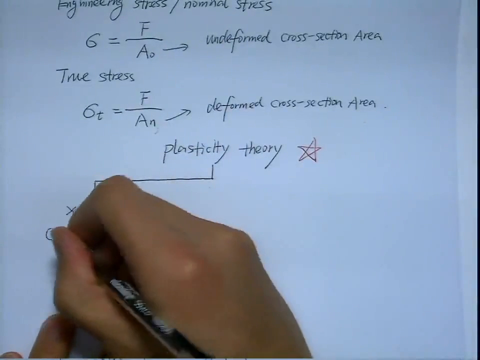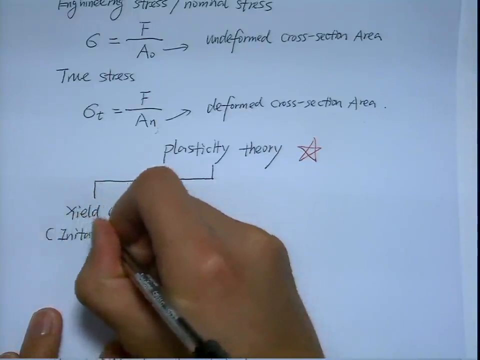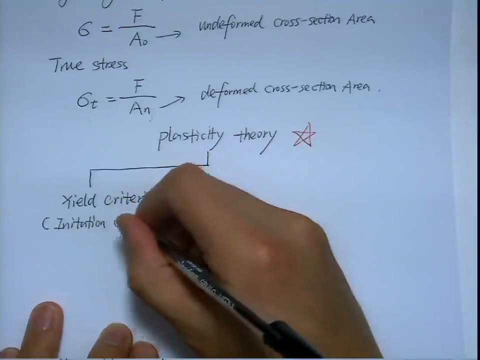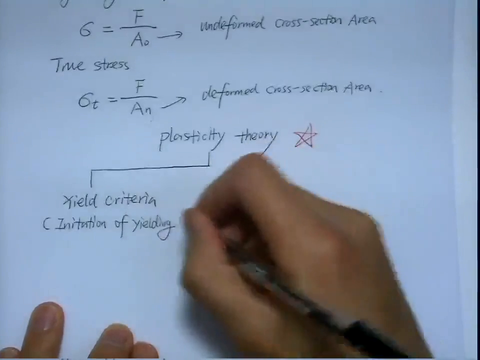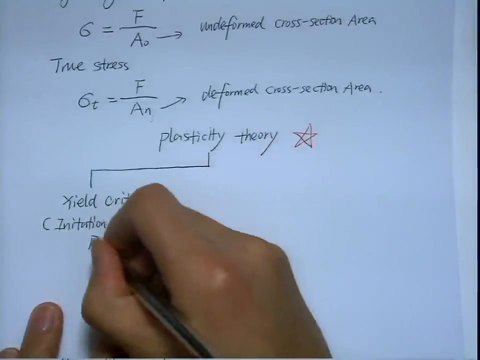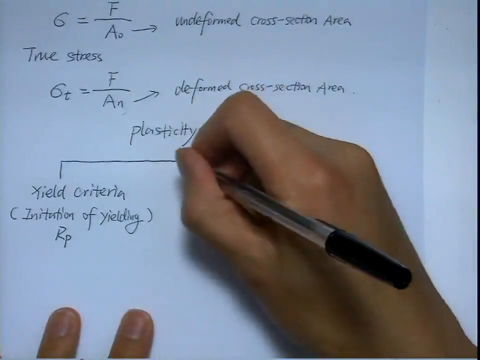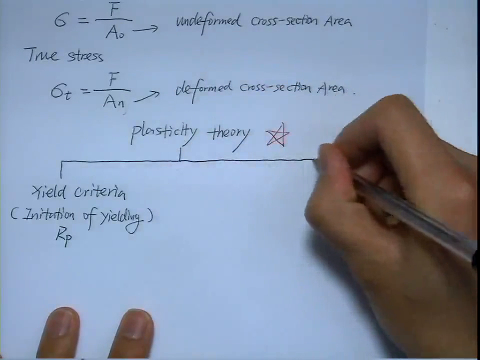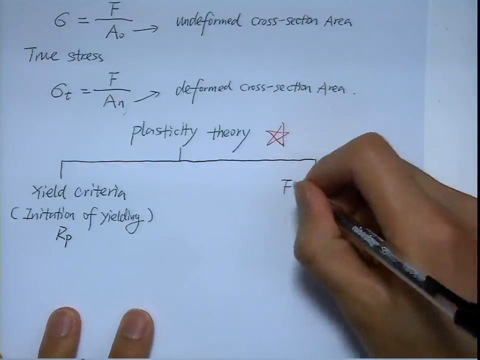This is basically to predict the initiation of yielding. So Rp, this is the yield strength. And the second part, flow rule.